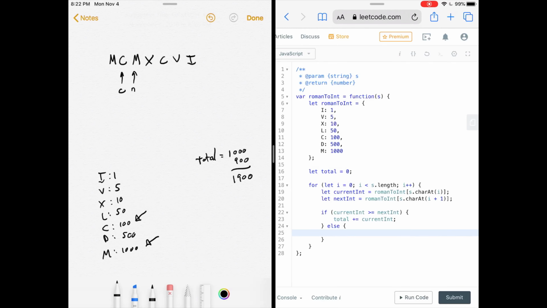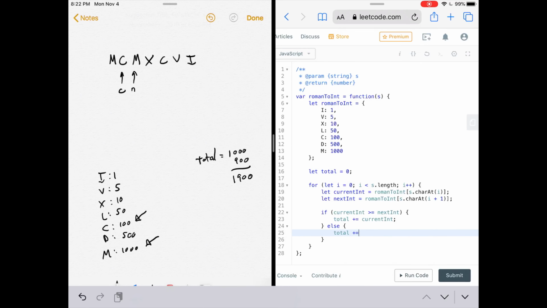How would that look in code? We'd say total plus equals, so total equals total plus the next integer, which remember I already said is the letter M, which is 1,000, minus the current integer, which is the letter C, which is 100.